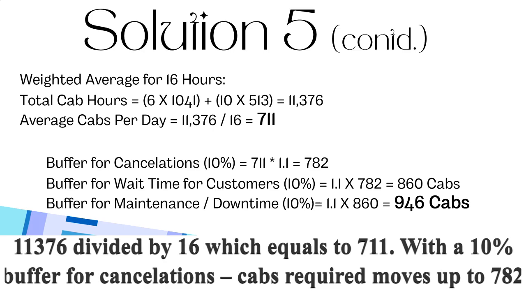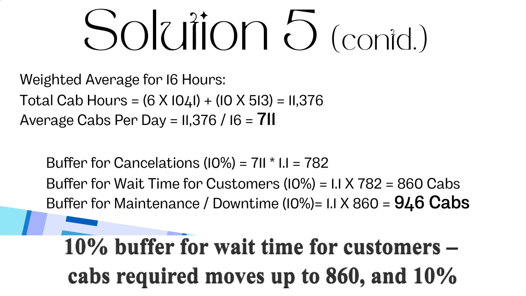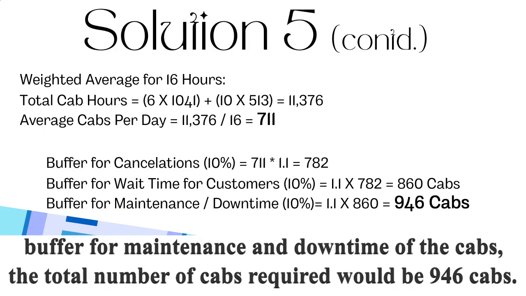With the 10% buffer for cancellation, cabs required moves up to 782. With a 10% buffer for wait time for customers, the cabs required moves up to 860, and with a 10% buffer for maintenance and downtime for the cabs, the total number of cabs required would be 946 cabs.